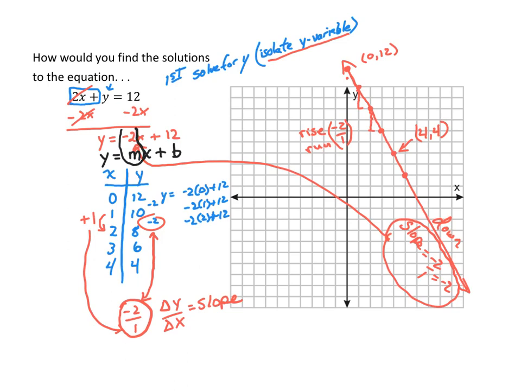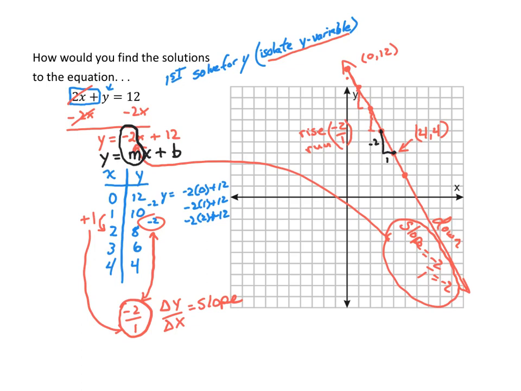There is a reason that it's m: in Latin, the language that we write a lot of our math and science terminology in, it's modulus, which means change in. In modern times, some people say that m just stands for how you can move from one point to the next point, which would also make sense, because from one point to the next point, you would move by going down 2 and over 1. Rise negative 2, run 1. That's how you would move from one point to the next.